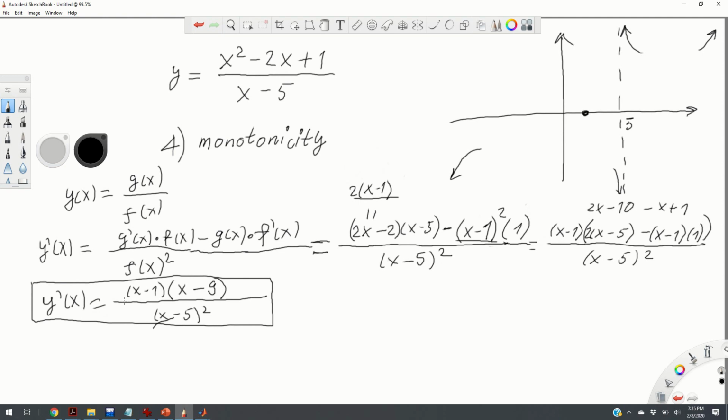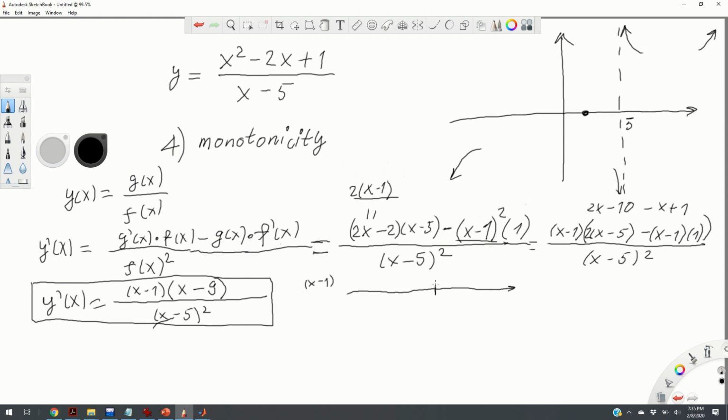So the sign of y prime of x is determined by the sign of the numerator. So let us investigate the sign of the numerator. Now, the numerator is a product of two functions. So let's first investigate the sign of x minus 1.